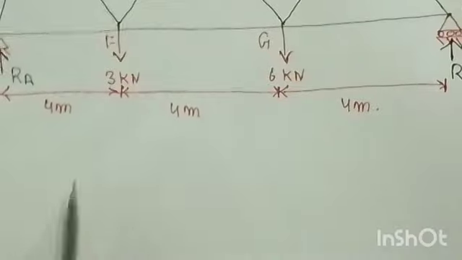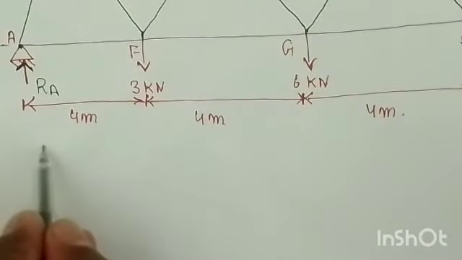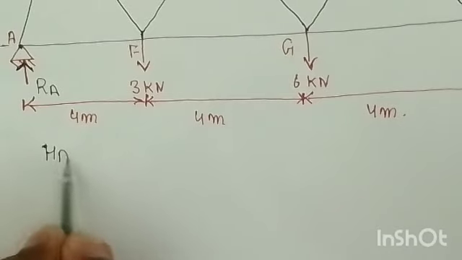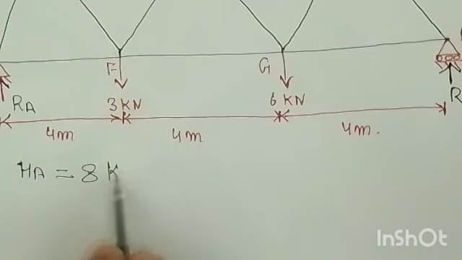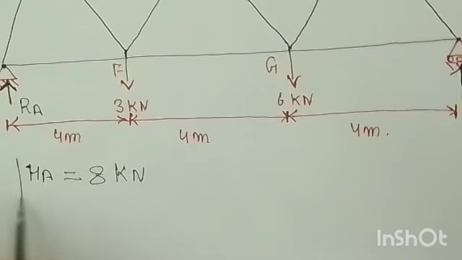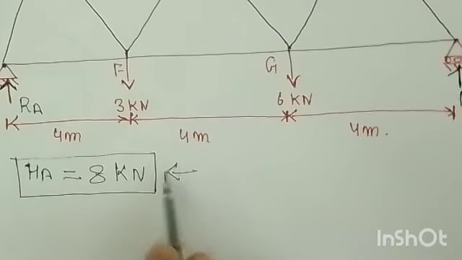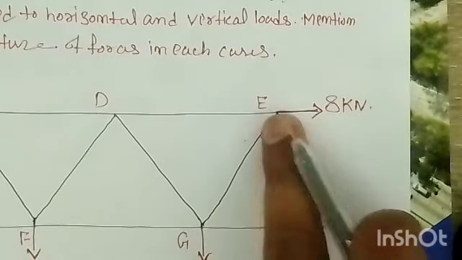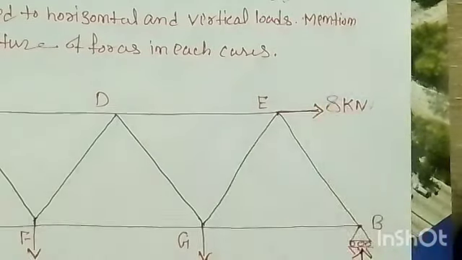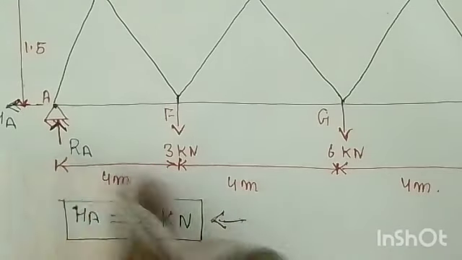For the horizontal reaction, HA is equal to 8 kilonewton, and it acts towards the left. Why? Because the horizontal force at E is acting towards the right. So it will be balanced only when it acts in the opposite direction with the same magnitude, right.